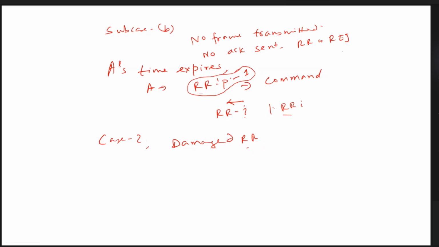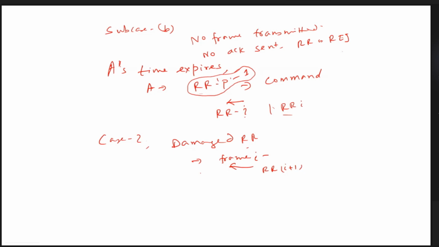So here you see B receives the frame I and sends the acknowledgement RR I plus 1. If the frame I is received, obviously RR I plus 1 will be sent. That is the meaning of this: it has received frames up to I and is ready to receive the next frame, which is I plus 1.